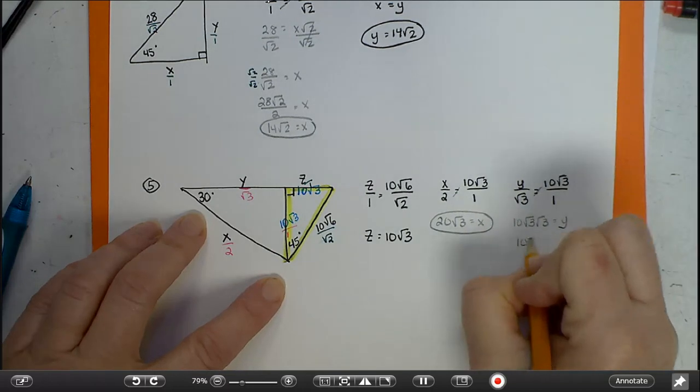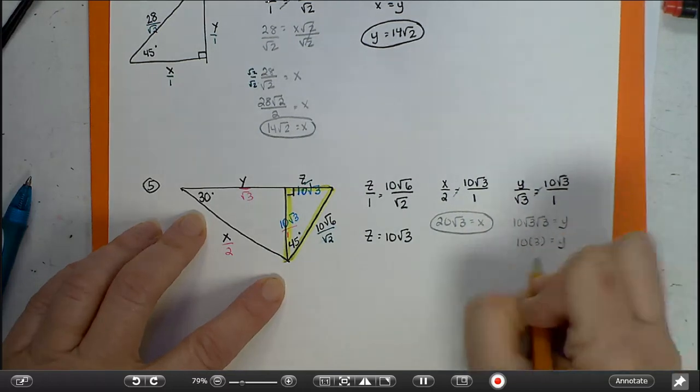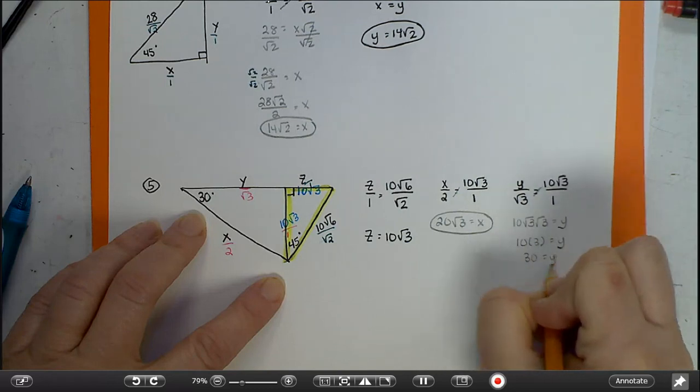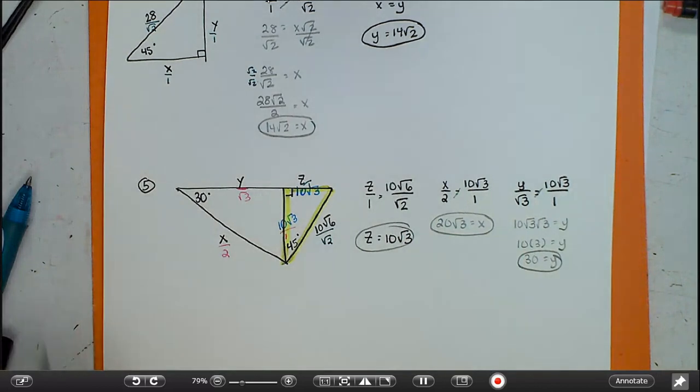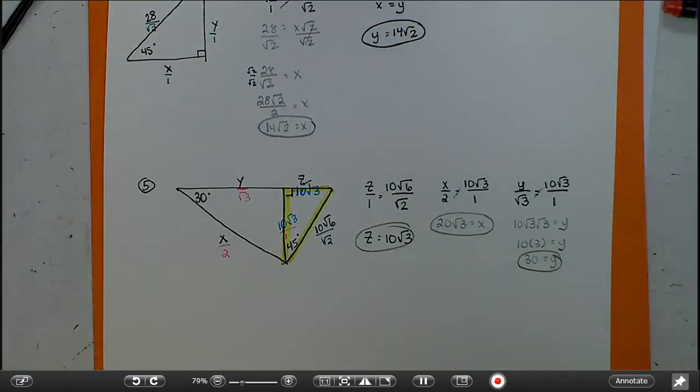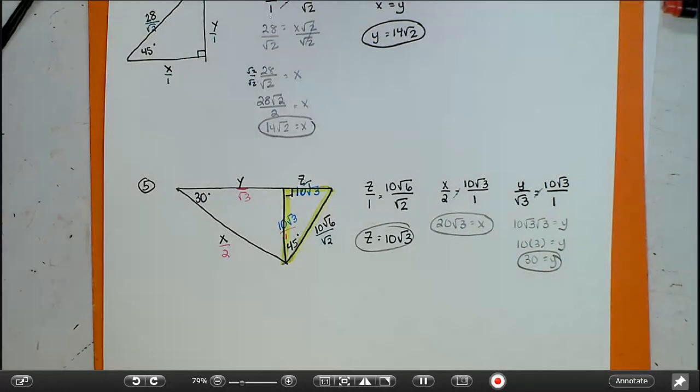So 10 times 3, 30 equals y. So now we have all three answers. So you can see you're going to have to kind of look through the problems and look for the missing information before you move forward to fill it in. All right, bye.